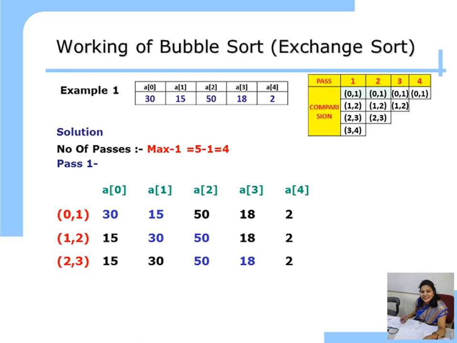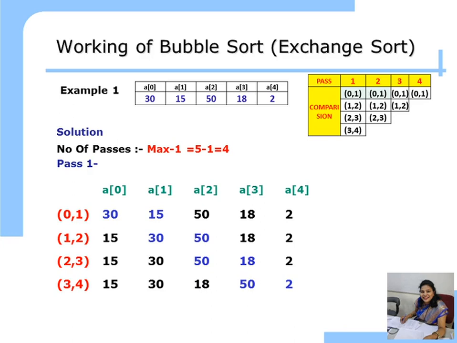So 18 will come at the A of 2 second position and 50 will go to the third position. So what will be the array contents now? 15, 30, 18, 50 and 2. You can see that these are swapped: 50 comes here and 18 comes here.